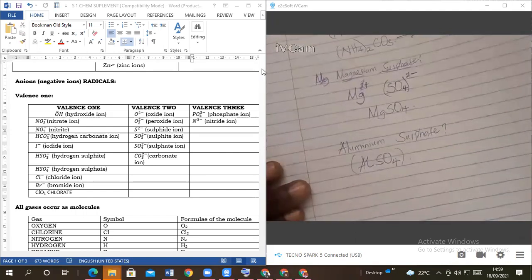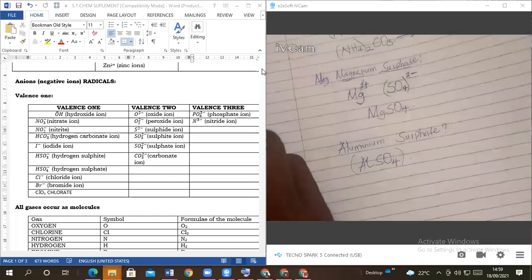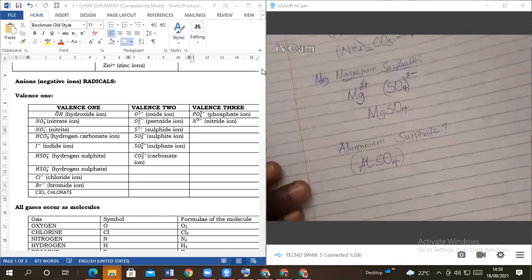Did you follow our steps? The first step is to write the correct symbol of the element. The second one is to write the valence on top. Then if they are not the same or if they are not reducible, you write the power exchange. Did you do that?